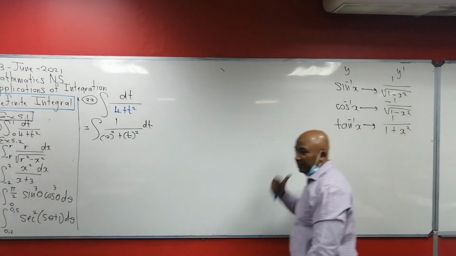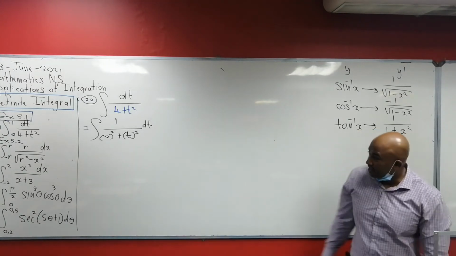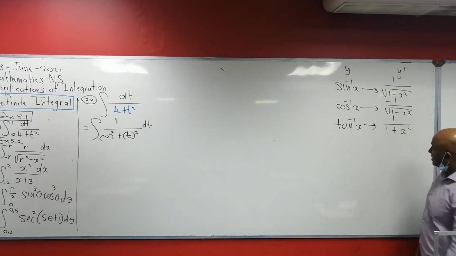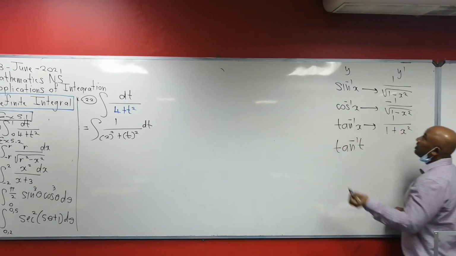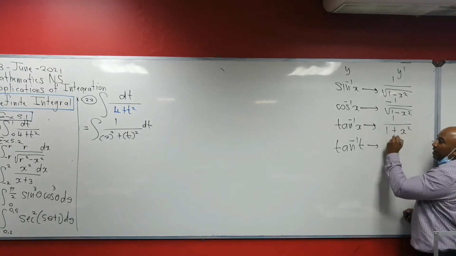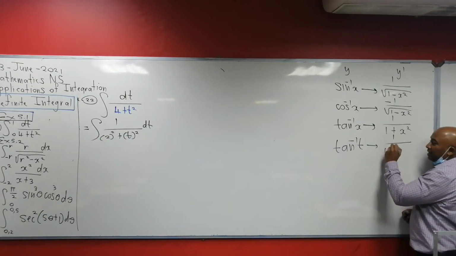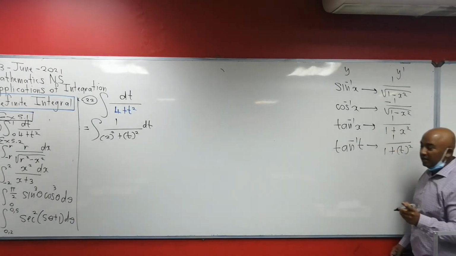Right, so this is under differentiation. So now if I had inverse tan of t, differentiating with respect to t, then the derivative of t is 1, all divided by 1 plus t squared. Okay, so let's write this down properly.